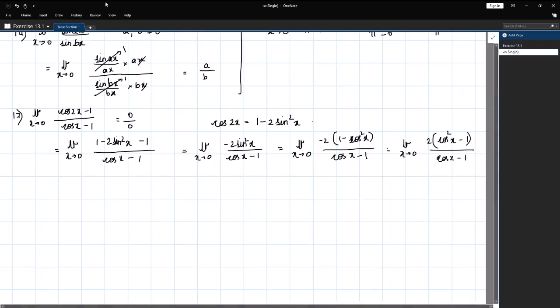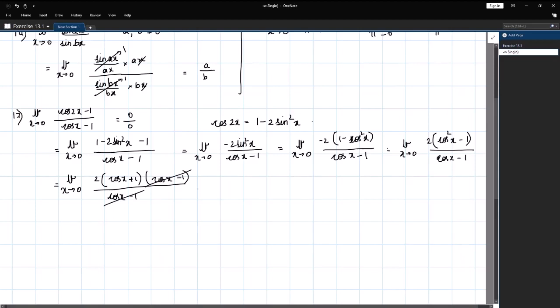So now if we factorize the numerator, we'll have limit x tends to 0, 2 into (cos x plus 1) into (cos x minus 1) whole divided by cos x minus 1.